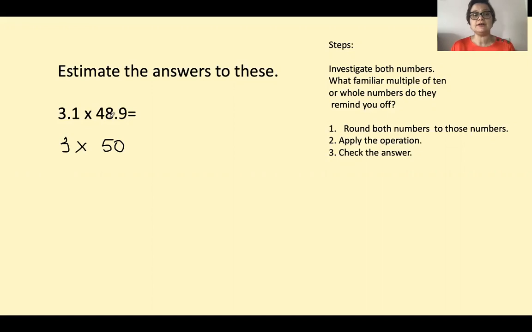Here I round it down, here I round it up, and not because the next decimal point is a 1 here and a 9 here, but just to make the calculation easy and sensible. So the answer to this one is going to be 150. There you go. This is how you write the estimation. It is going to be 150.